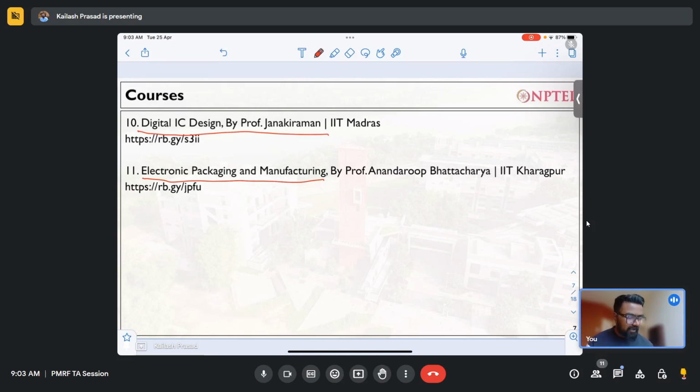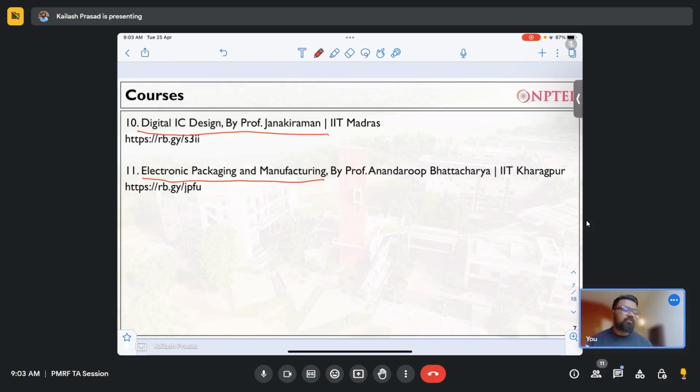It is an advanced level course. Here at IIT Gandhinagar, second year and third year students do this kind of course, although we call it advanced level. But to do it, you should have a basic understanding of digital circuits, analog circuits, semiconductor devices, and basic VLSI design.